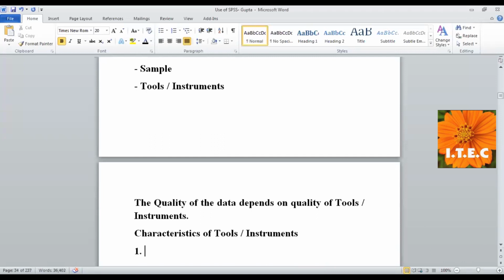Can any one of you tell me what are the characteristics of tool or the instrument? I'm waiting for your answer.